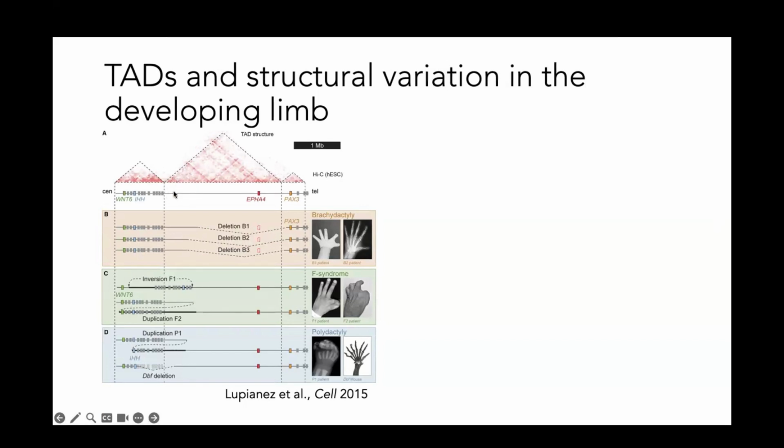This causes enhancers that normally regulate the EPHA4 gene to begin regulating genes at different sites nearby: WNT6, Indian hedgehog, and PAX3. So this is really cool, and I think a seminal paper when it came out, because it really suggested that TADs and TAD boundaries can have important impacts on regulating phenotypes and on gene regulation.